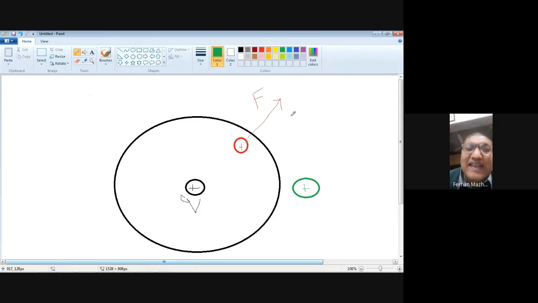If you place a test charge inside the electric field of a charged body, whatever will be the force, the force that will be known as the electric intensity, or you call it the electric field strength at that point.